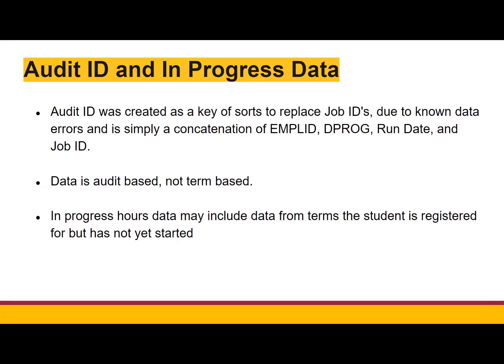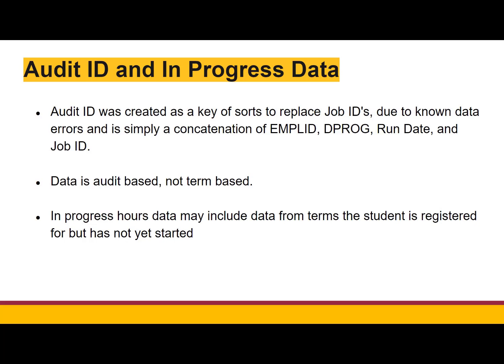In progress data. And I'm mentioning this because it can be very ambiguous. And the reason I say that is the data is audit-based and not term-based. And that basically means that when you have in progress hours, they could be from multiple terms. So you could be enrolled in fall 22 and you could be registered for spring 23, and they're both going to show up as in progress.